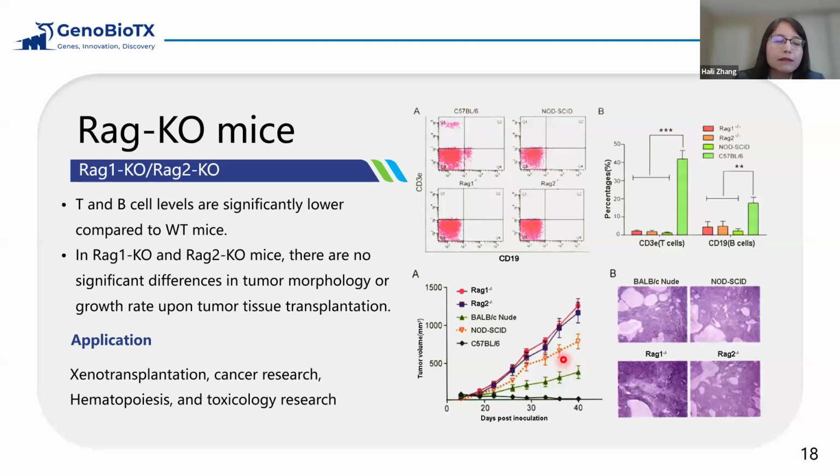In RAG knockout mice, there were no significant differences in tumor morphology or growth rate following tumor transplantation. So this model can be used for xenotransplantation, cancer research, hematopoiesis, and toxicology research.